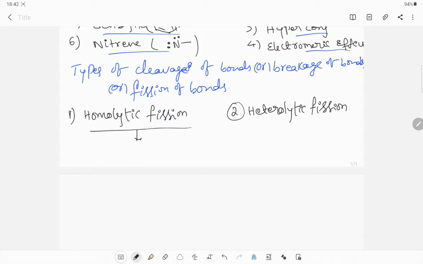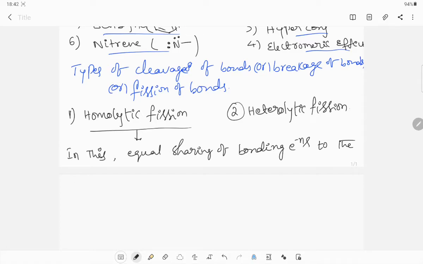See, what is homolytic fission? Homolytic fission is nothing but equal sharing of bonding electrons to the bonded atoms. Very simple. If I take an AB bond, what is our definition? Equal sharing of bonding electrons to the bonded atoms takes place.